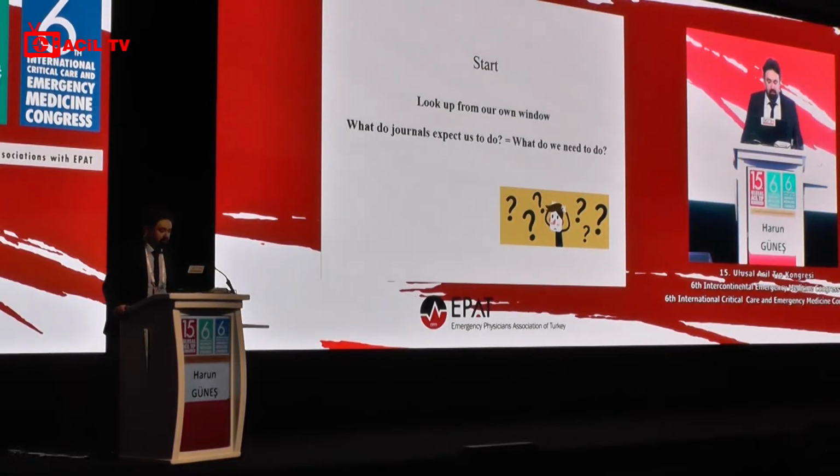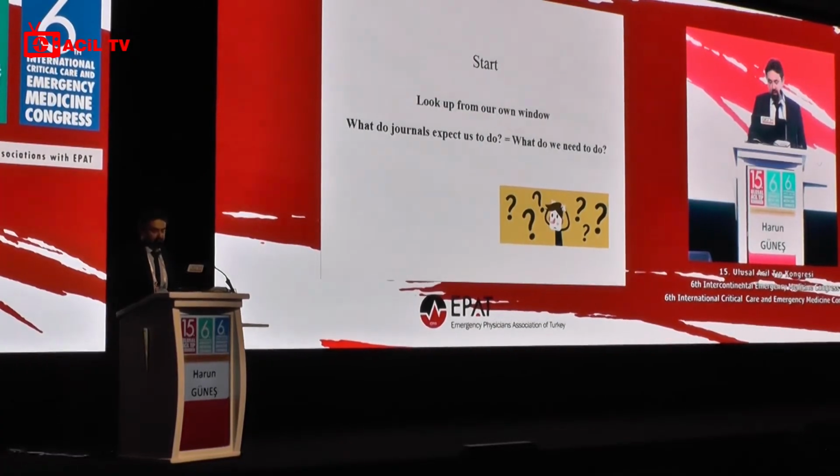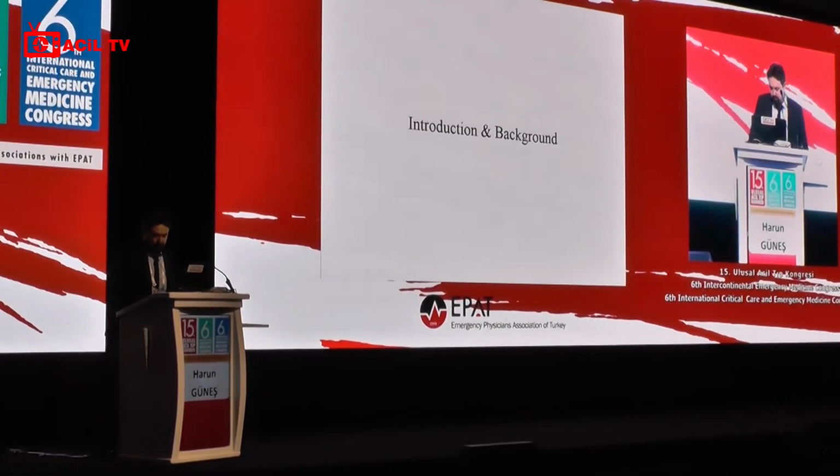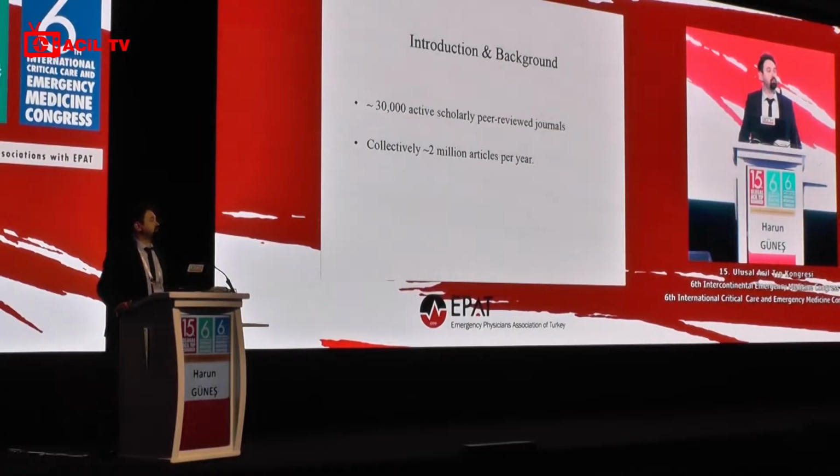Let's start. I think we should look from our own window, because I think what the journals expect us to do actually equals what we need to do. So let's look from our own window. There are approximately 30,000 scholarly peer-reviewed journals in the world, and they collectively publish about 2 million articles per year.